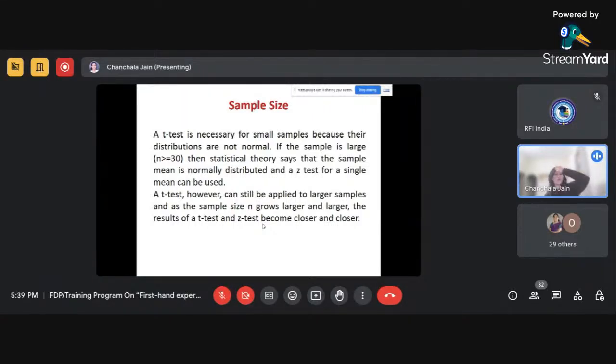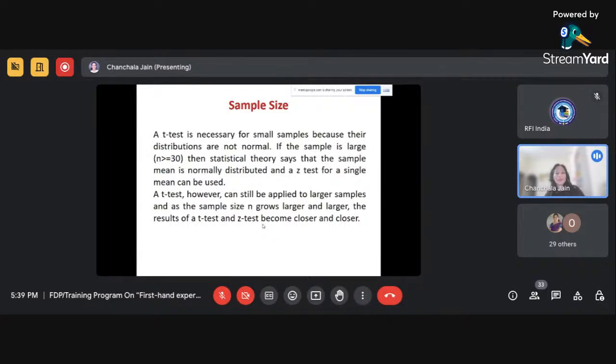But the central limit theorem says that when we increase the sample size from 30 onwards, the data shows a normal distribution, which is the basic requirement of the t-test and the z-test. That is why we can say the t-test behaves like the z-test in such cases.